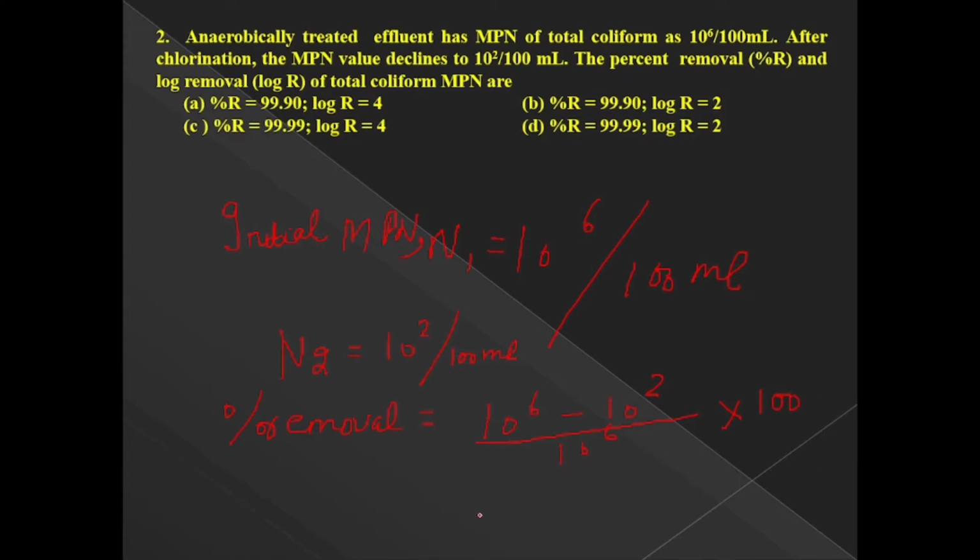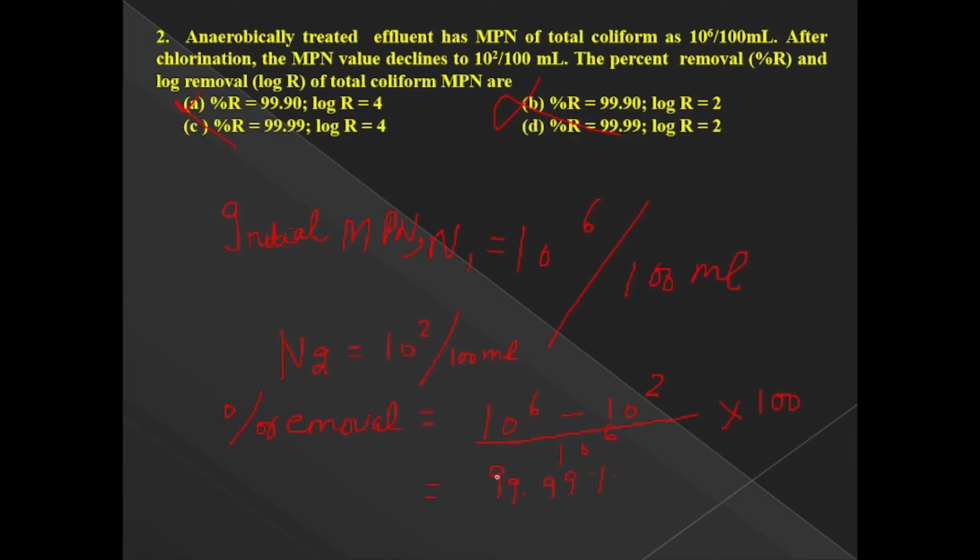After calculation I found the value as 99.99%. So option A cannot be correct, option B cannot be correct, so options C and D may be correct. We have to find the value of the logarithm.